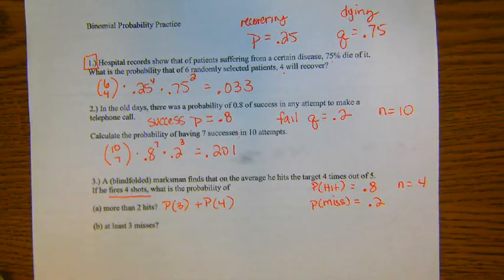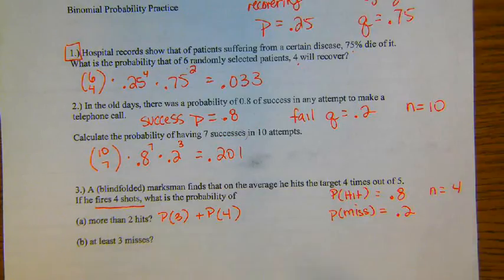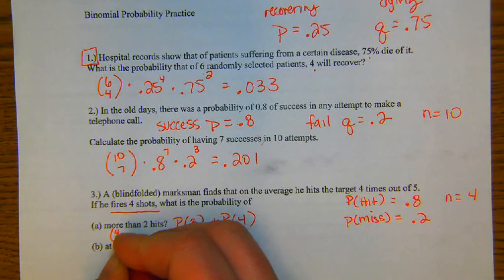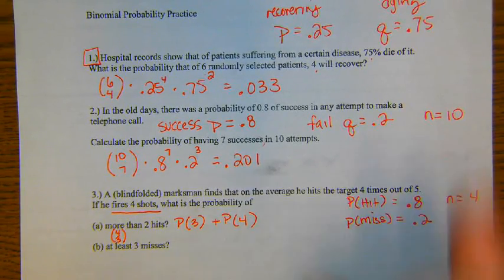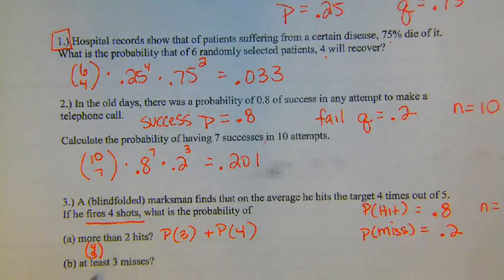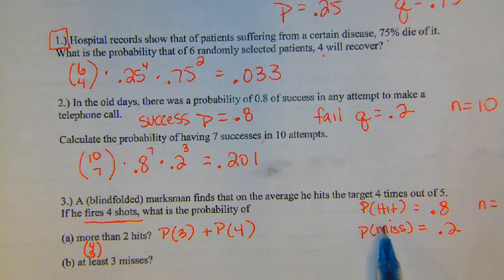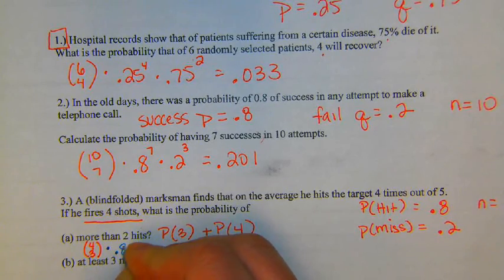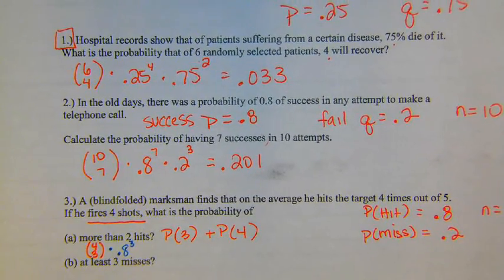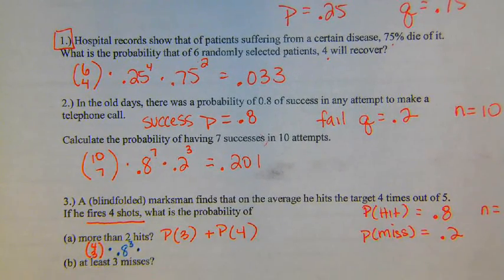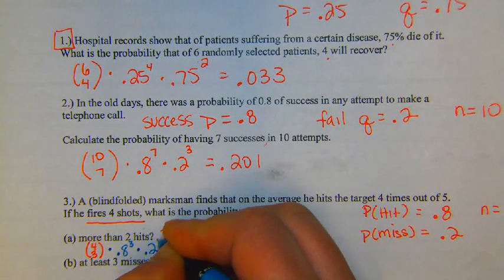Okay. So for the probability of 3, I'm going to take 4C3. Can you guys see that in the back okay? Okay, 4C3. That means times 0.8 to the 3rd because there's going to be 3 hits times 0.2 to the first.